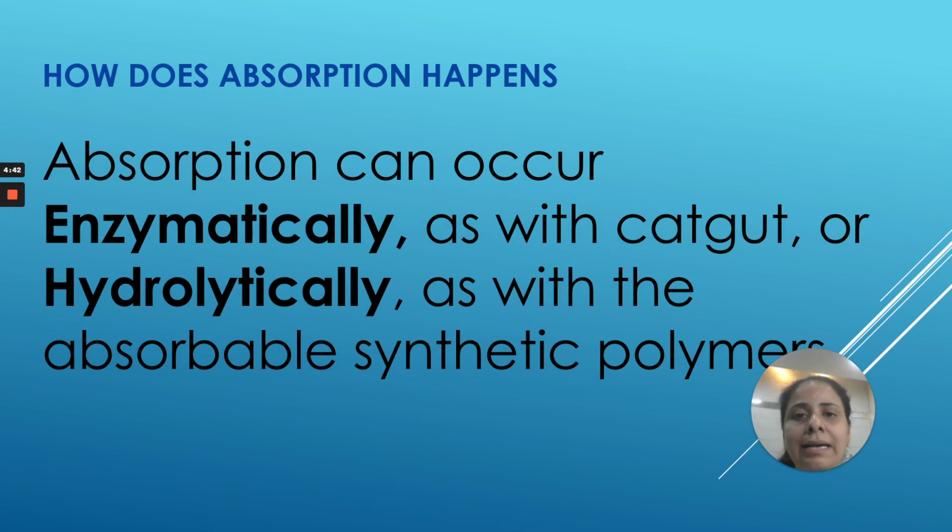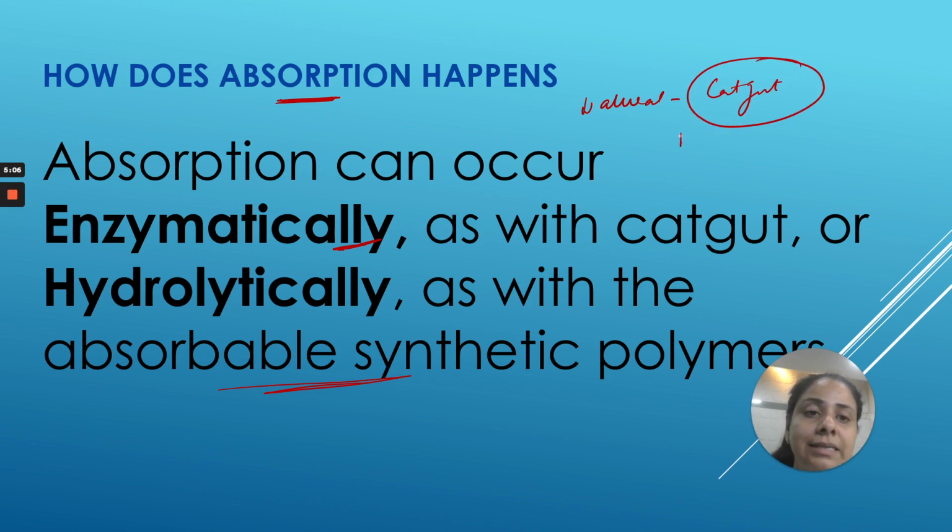So what exactly is absorption? Absorption can happen enzymatically, as with catgut, or hydrolytically, as with absorbable synthetic polymer materials. When we are talking about absorbable suture material, if we are talking about natural suture material, which is catgut, since it is natural, the body manages it with enzymes, because this is a protein.